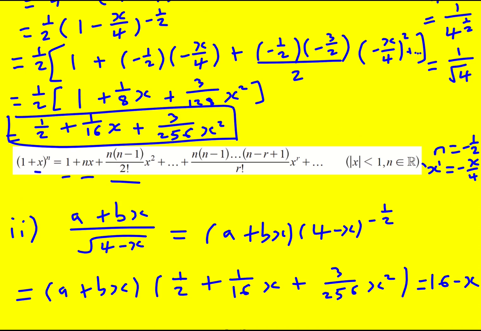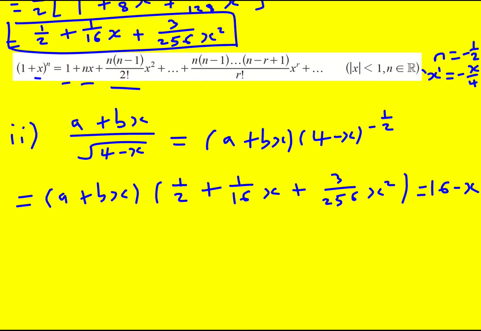Okay, so let's really focus on what's going on now to find a. The only way I'm going to get a constant term is by doing a times a half. So I can basically say that a half a is equal to 16, which means that a is equal to 32.